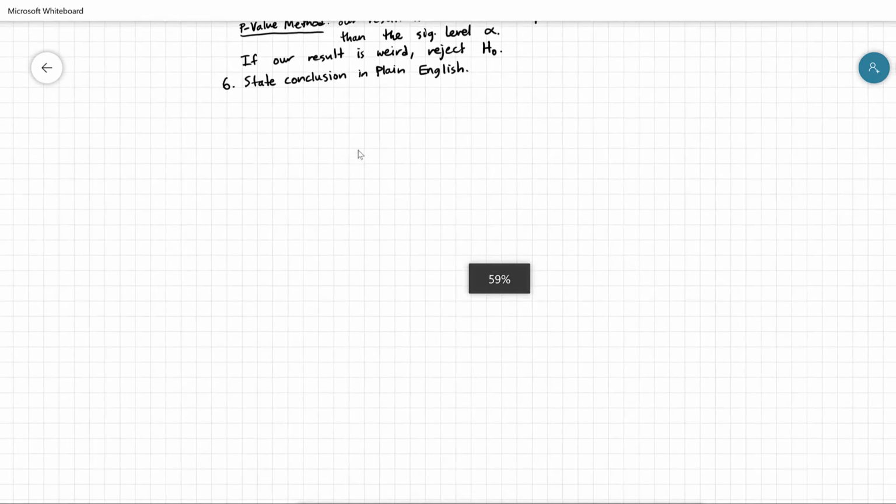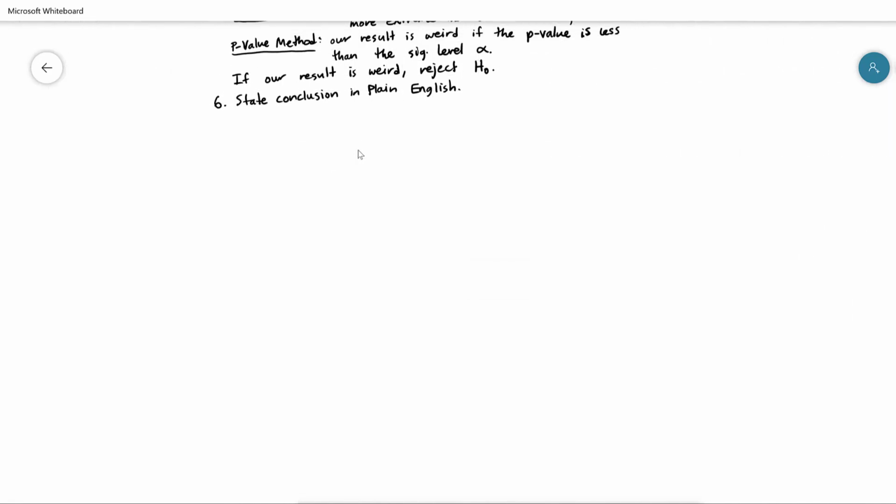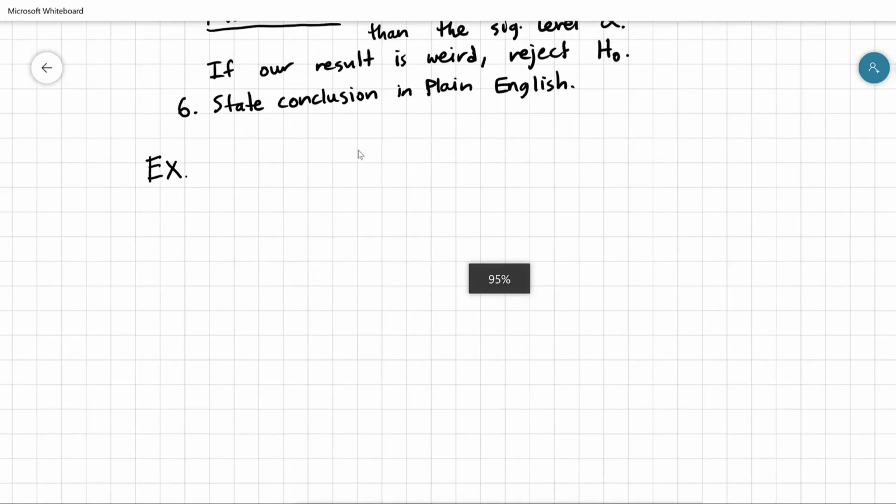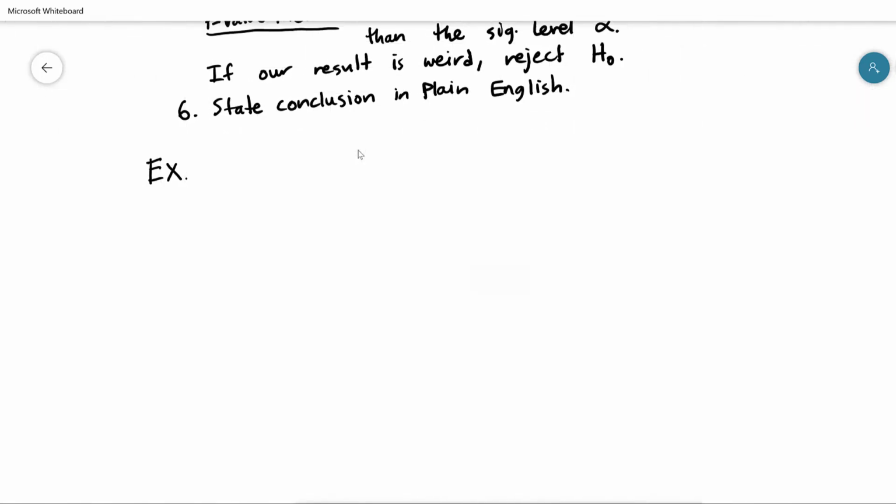And see how this works. So here's my example. Let me zoom in a little bit. Okay. In this example, let's say the following.